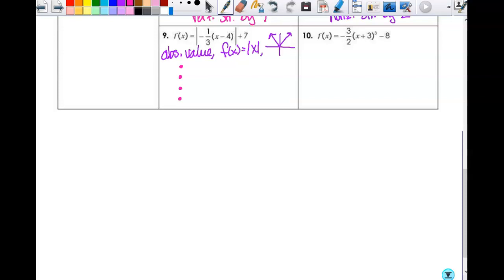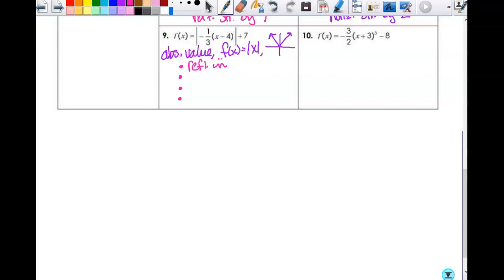All right, so Linda, what does that negative tell me is happening here? Okay, so it's going to be a reflection in what? Does that negative affect x or does it affect y? Does it happen before or after you actually take the absolute value?